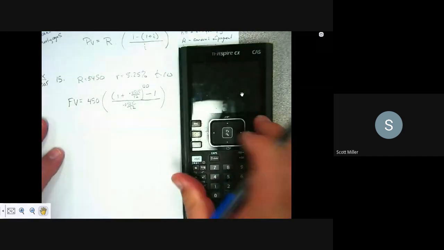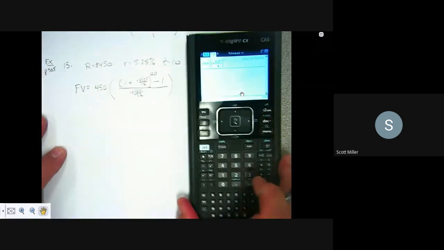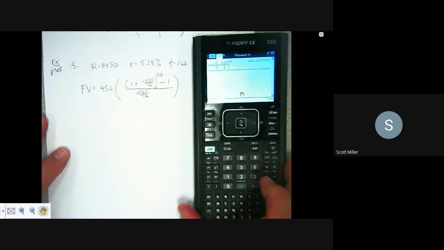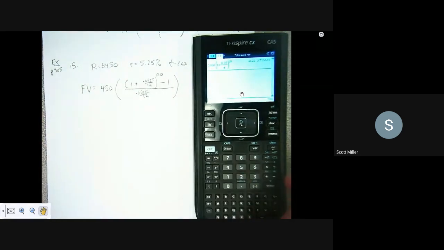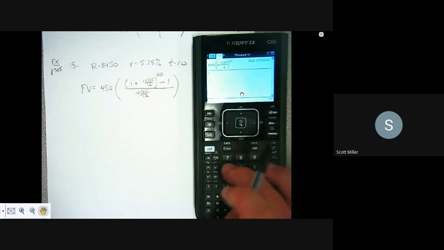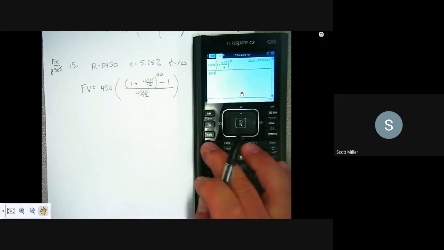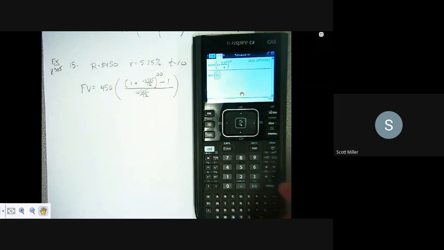So we need to type that into our calculator. And again, I would just type it in as I see it, just being careful with the fractions and all that kind of stuff. So I have 450 times parenthesis fraction.